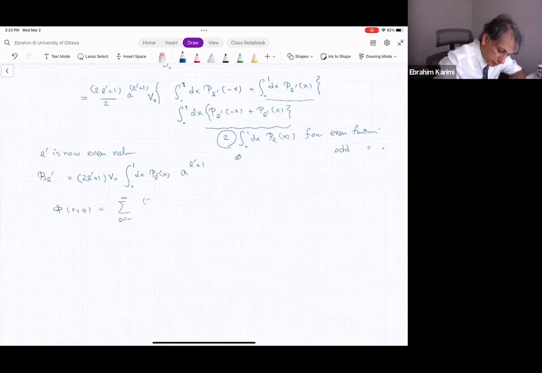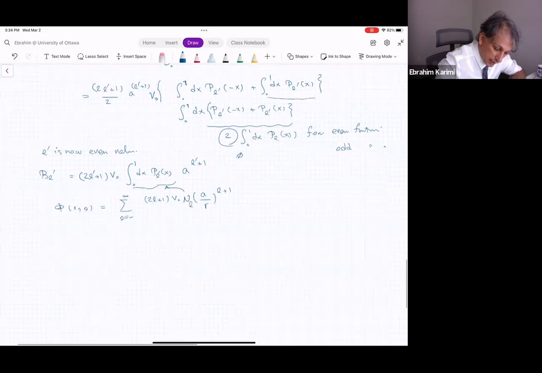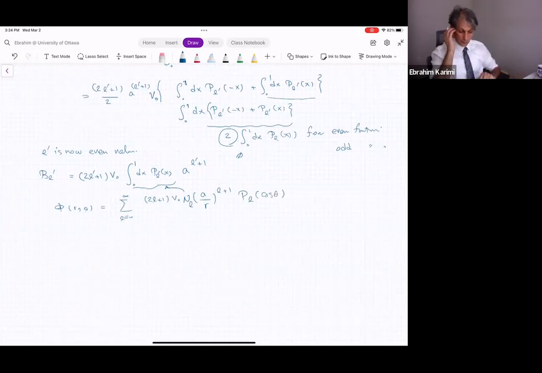So it will be (2L+1), V0, that value, which I don't know what the value is. Then it will be a divided by r to the power of L plus 1. Let's call this value N_L, of course. And then you have P_L of cosine theta. Clear?